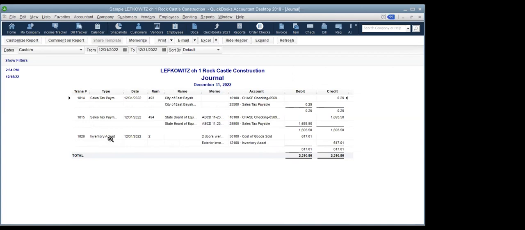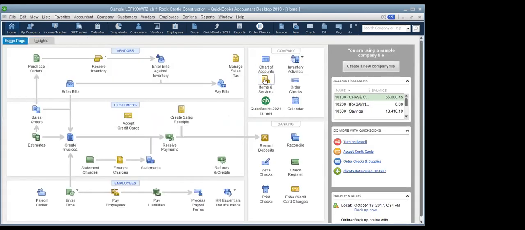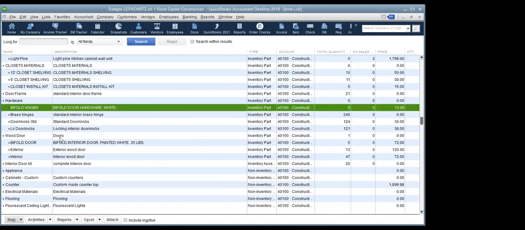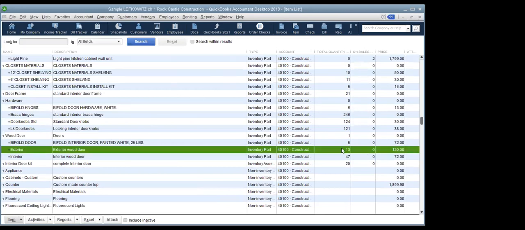You'll see it's called inventory adjust, 61701, cost of goods sold, inventory assets. But it really went to the specific inventory. So if I go back here, not to inventory activity, just to items and services, and you ask me how many exterior doors I have, it's going to show the correct value. We have 13 doors. I probably would have done more of an adjustment because the price was wrong also, but that's good enough for now.